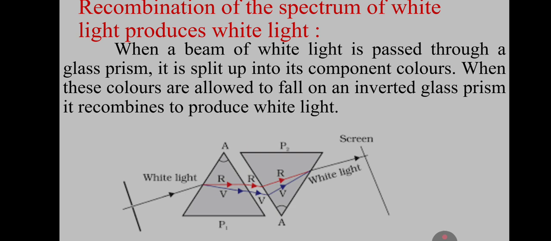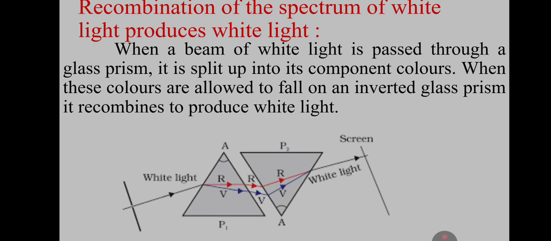In my last video, we discussed dispersion of white light through a glass prism. After dispersion, it gives a 7-color band that is called spectrum. In this video, now we have to discuss recombination of the spectrum of white light.